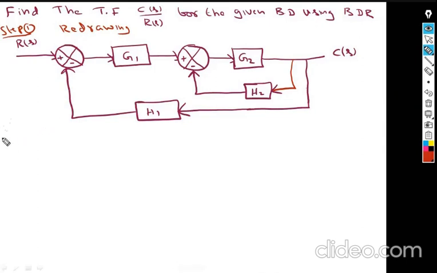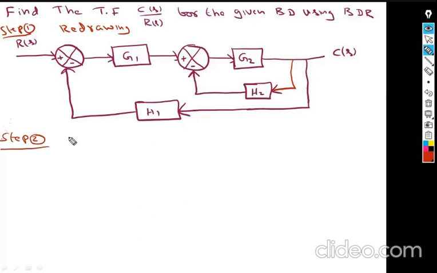Now, remember all of you, while solving the problems, you have to write each and every step while reducing the particular block diagram. That is, you have to write what you are doing. Now, in next step number 2, what I am doing here is eliminating the feedback H2.